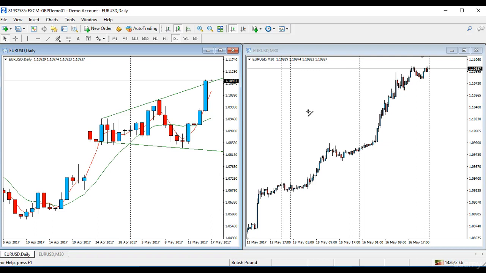You don't need anything complicated. You don't need any complicated indicators or anything like that. Simple patterns and lines are enough in the market, okay? But what you do need to know is where the energy in the market is, where the momentum is, okay?